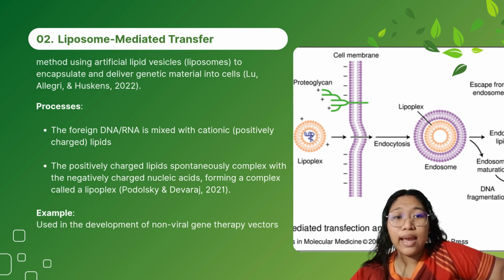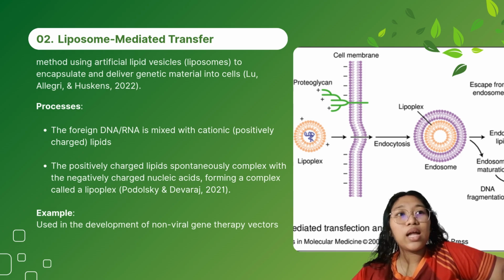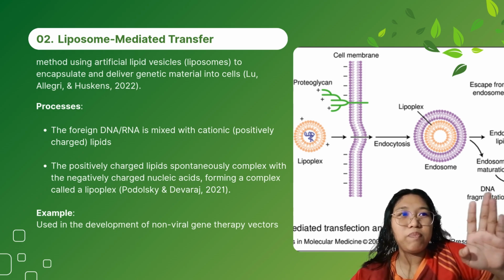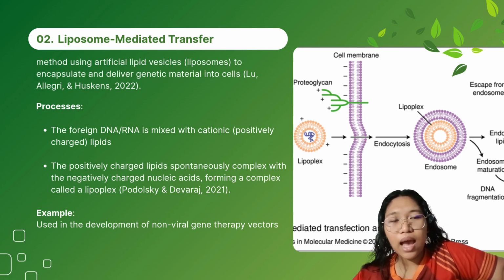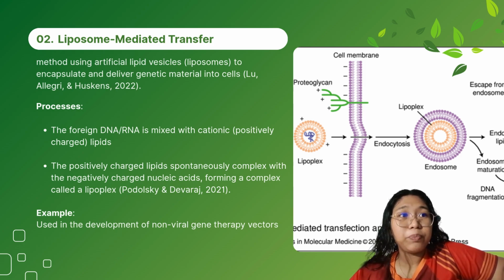Now, according to Podolsky and Devara in 2022, in this process the foreign DNA or RNA is mixed with cationic or positively charged lipids. Now, these positively charged lipids spontaneously complex with the negatively charged nucleic acid, forming a complex called a lipoplex.